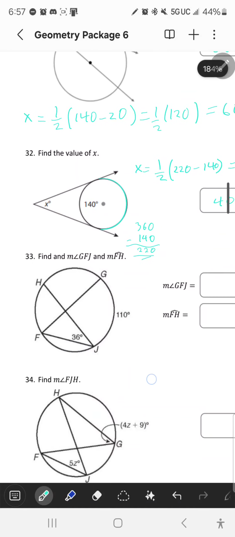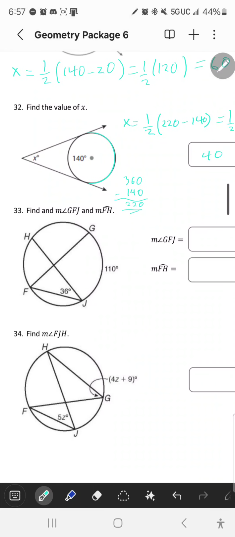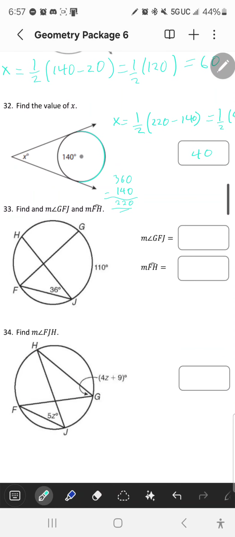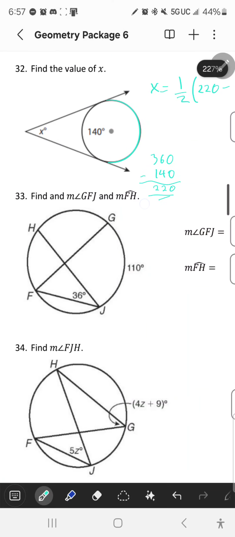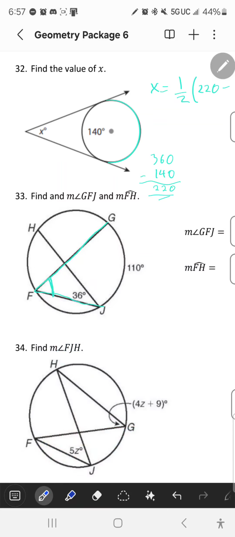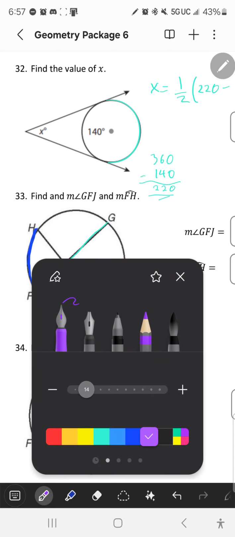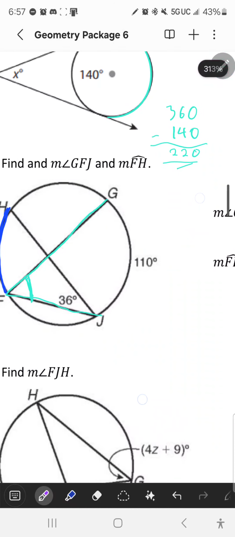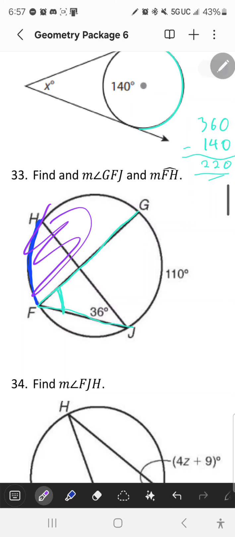Now the next one. We want to know the measure of GFJ, this angle right here, and the measure of FH. Now this one is easier than you might think. As you can see, let's ignore this part.